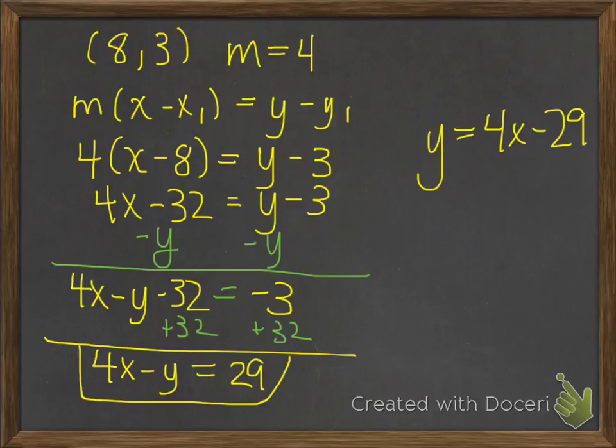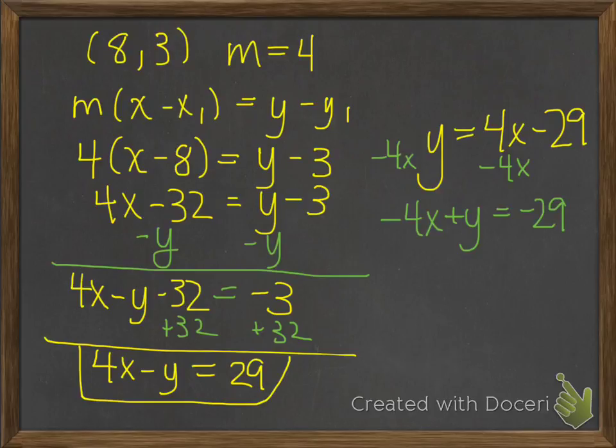Okay, so it's not quite in standard form. It's actually in slope-intercept form, but we can move it around. So let's go ahead and subtract 4x. Subtract 4x. And I get negative 4x plus y is equal to negative 29.